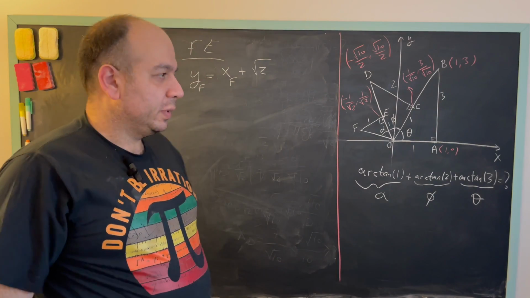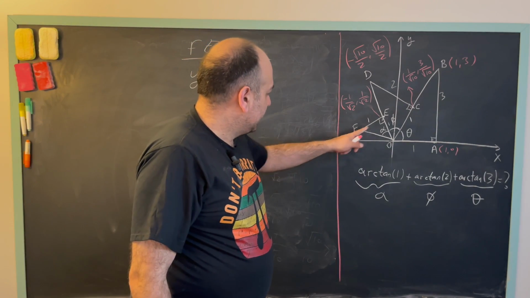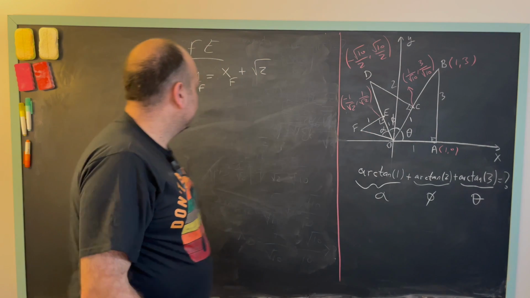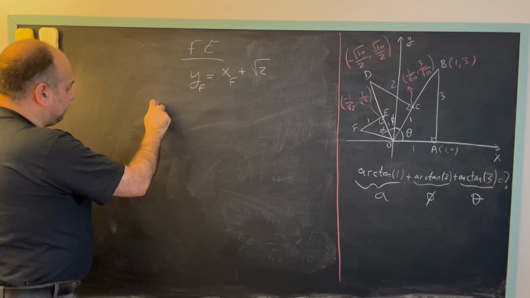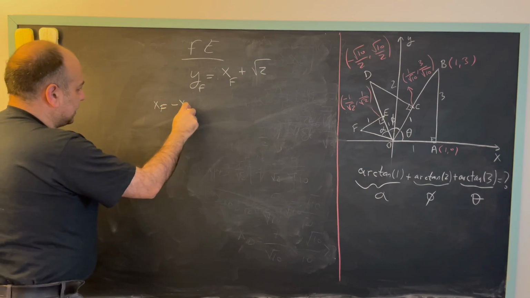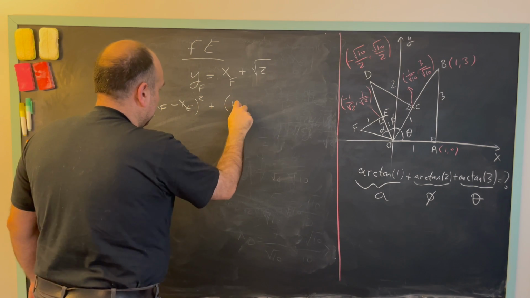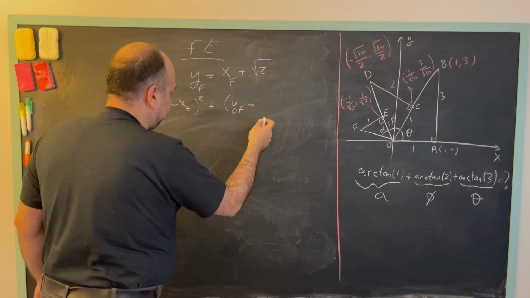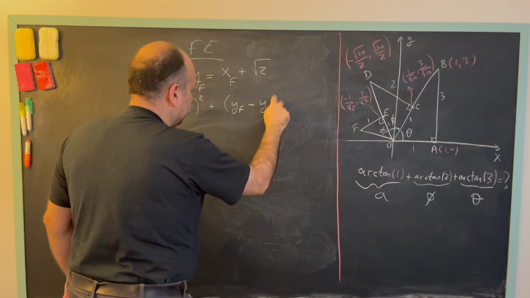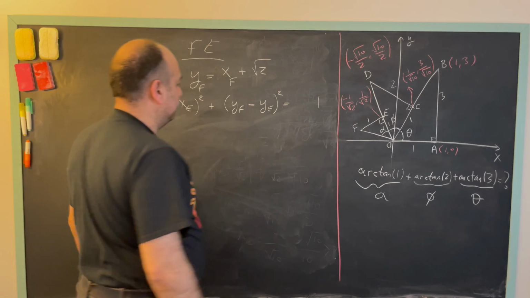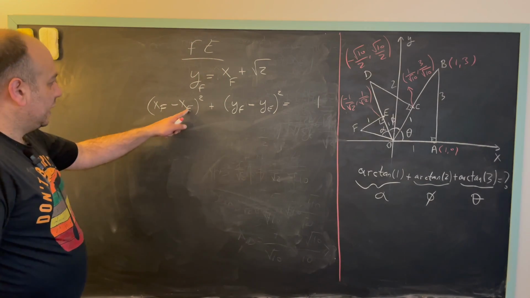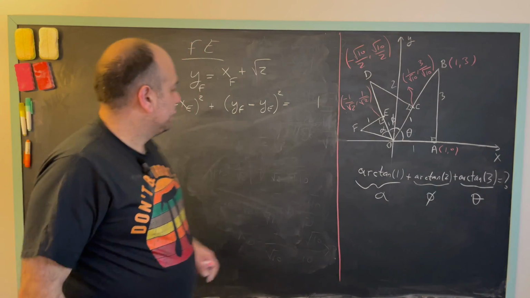What else do I know about F? Well, the distance between F and E must be equal to 1, right? So I can simply write xf minus xe squared plus yf minus ye squared must be equal to 1. Okay? So I know that xe is equal to minus 1 over square root of 2.